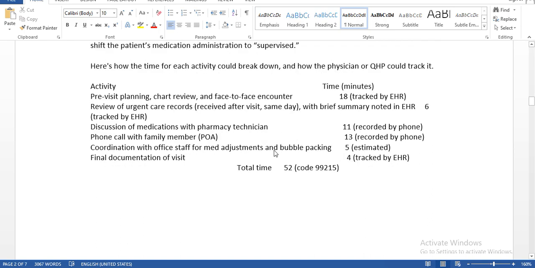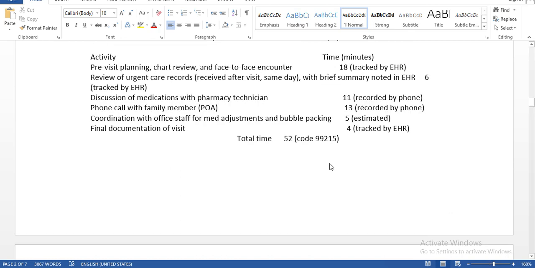So here the activity: pre-visit planning, chart review and face-to-face encounter, 18 minutes, which is tracked by the EHR. EHR means electronic health record. In the above example, the physician also reviewed the urgent care records, which took 6 minutes. Discussion of medications with the pharmacy technician, 11 minutes.